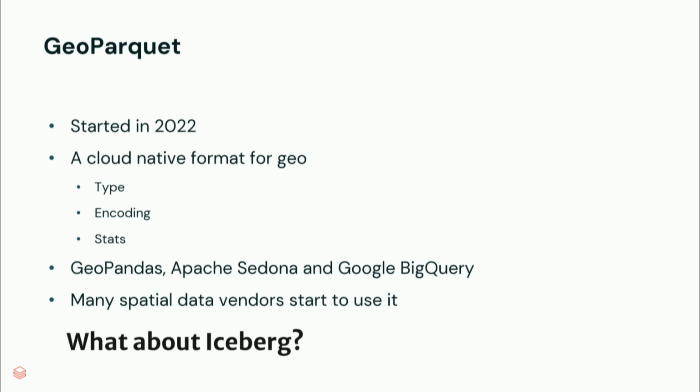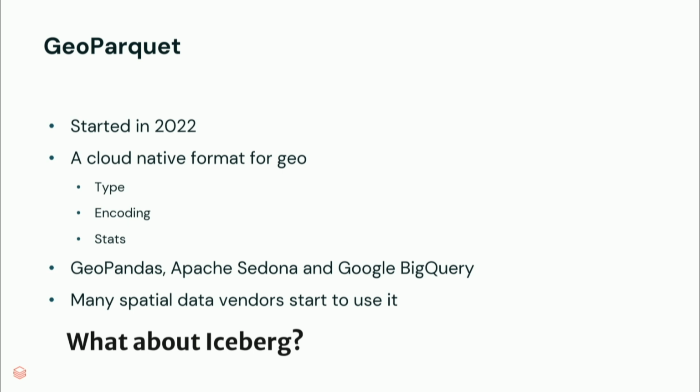GeoParquet is really successful, and many projects have started to adopt it, including GeoPandas, Google BigQuery, and Apache Sedona. Many spatial data vendors also release geospatial data in GeoParquet format, such as Foursquare and the Overture Maps Foundation.